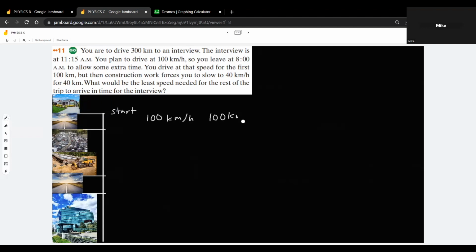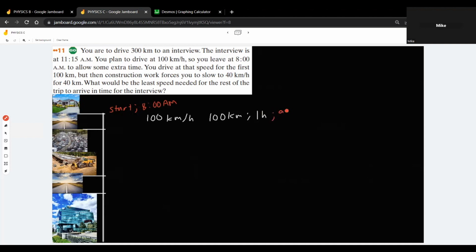At 11:15, the least speed needed to... So 300 kilometers, no? Tapos yung 0 mark.